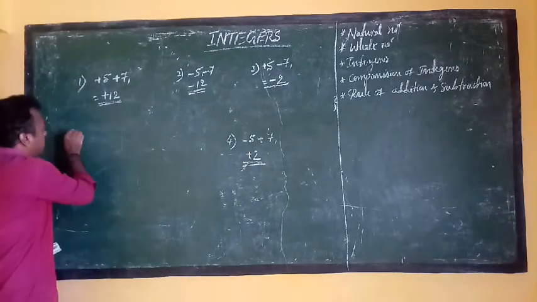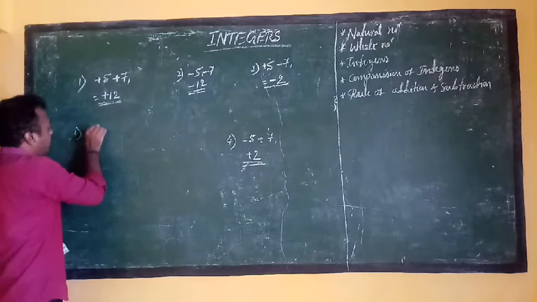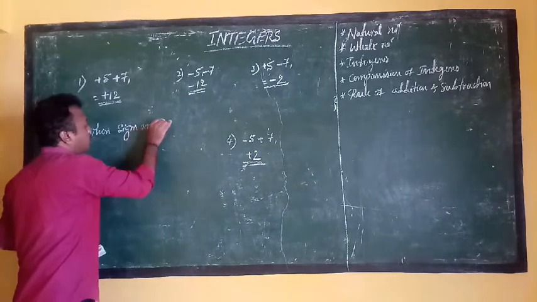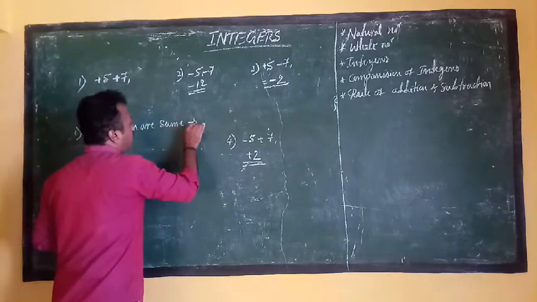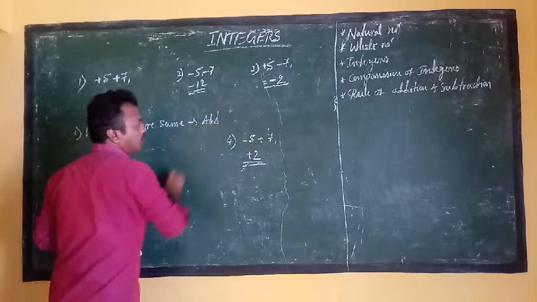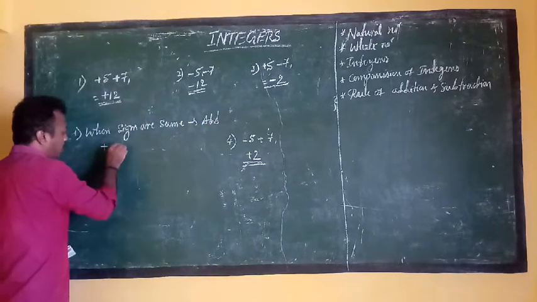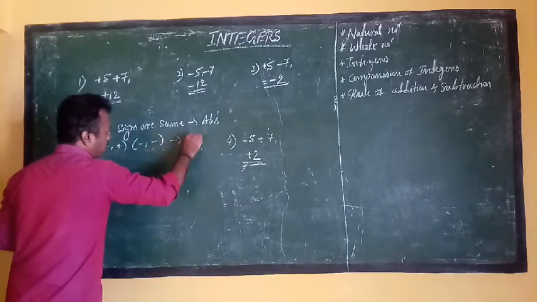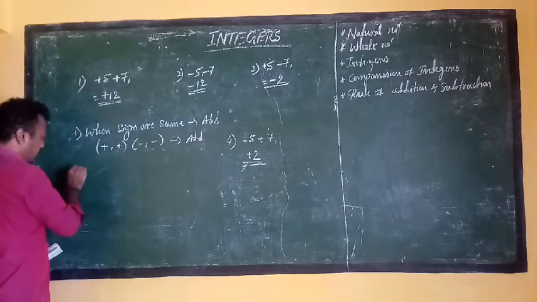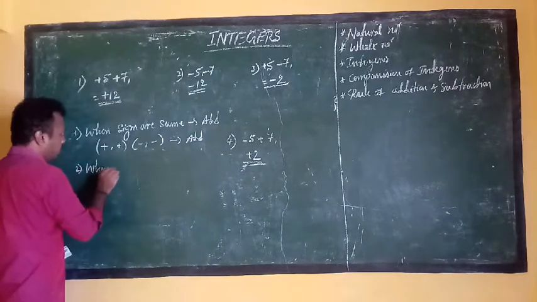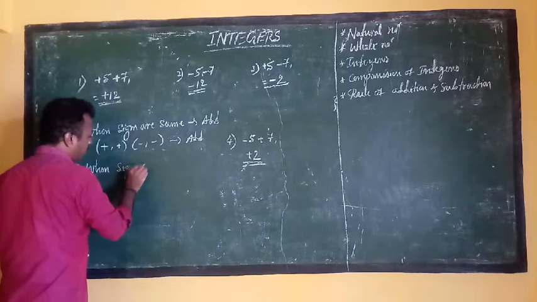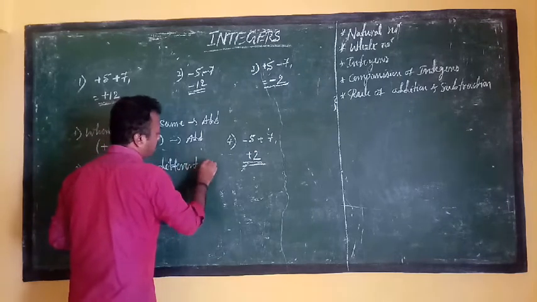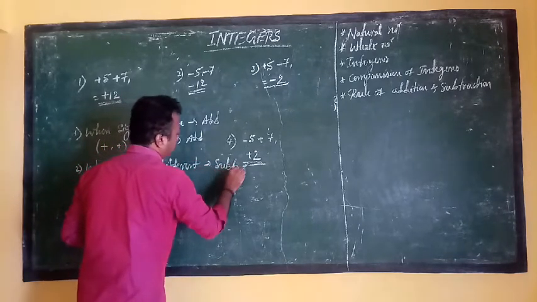So two rules are there. First rule: when signs are the same, we do addition. Means plus plus or minus minus, both same, we do addition. Got it? Second rule: when signs are different, we do subtraction.